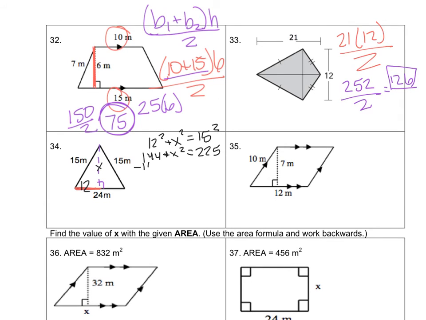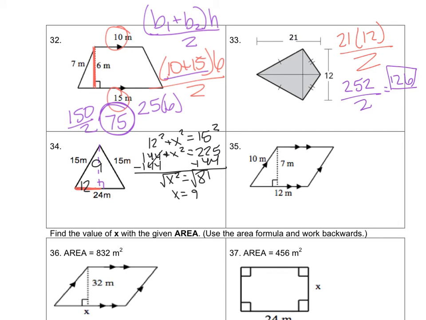You're going to subtract 144 on both sides. We're only doing this to find the height of the triangle. So x squared equals 81. Take the square root of that and you get x equals 9. So now you know that the height is 9.